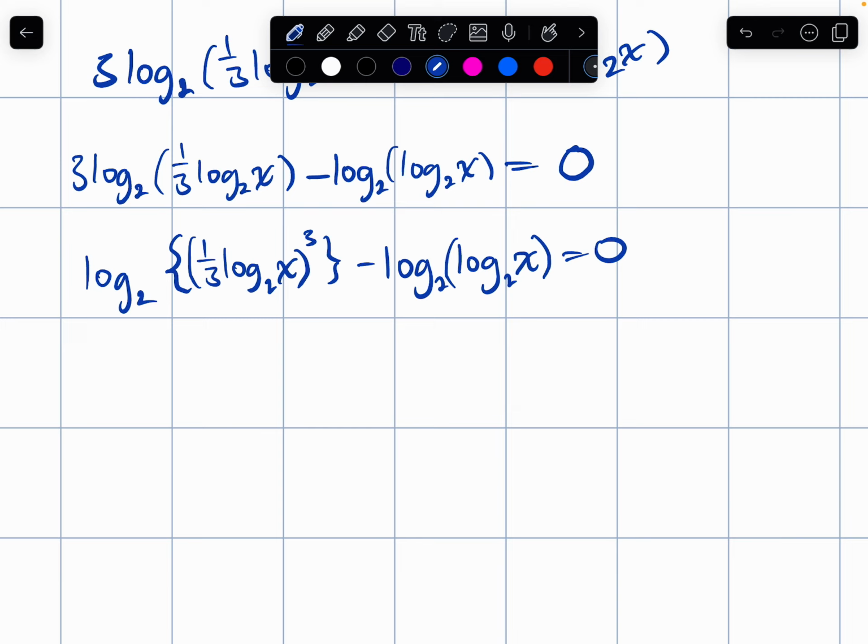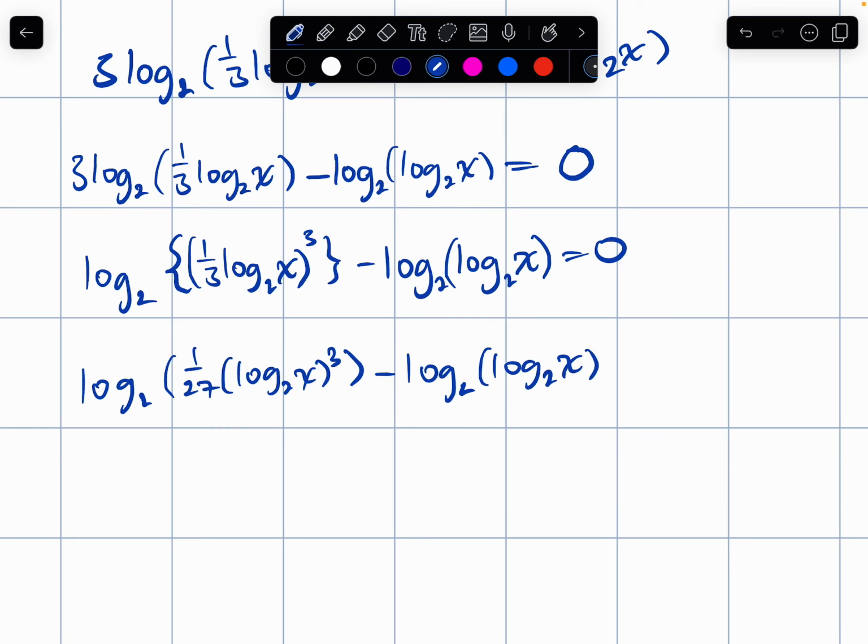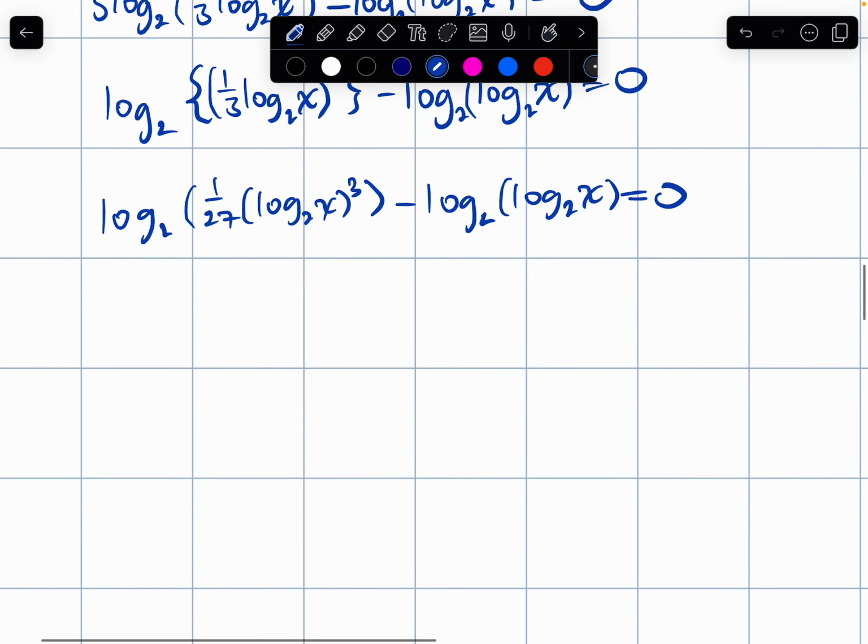And then this becomes log base 2, 1 on 27, log base 2x cubed, now it might seem like we're not going anywhere, but here's where it really helps. We get log base 2, and now because this is subtracting here, it means we divide the terms inside the log if we combine them.